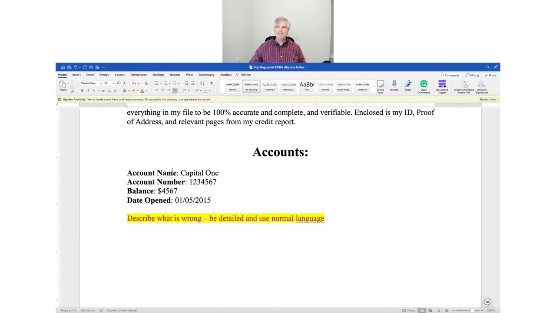Okay, so you can put more details here. I would use the exact language that the credit report uses. So if TransUnion, if we want to put the status, if they call it the pay status and somebody else calls it the account status, change it to make it fit exactly what that credit bureau is. You just want to make it very clear what account you're talking about. You don't want the credit bureaus to have the excuse, oh, well, Your Honor, we thought he was talking about the other Capital One account that had never been late.